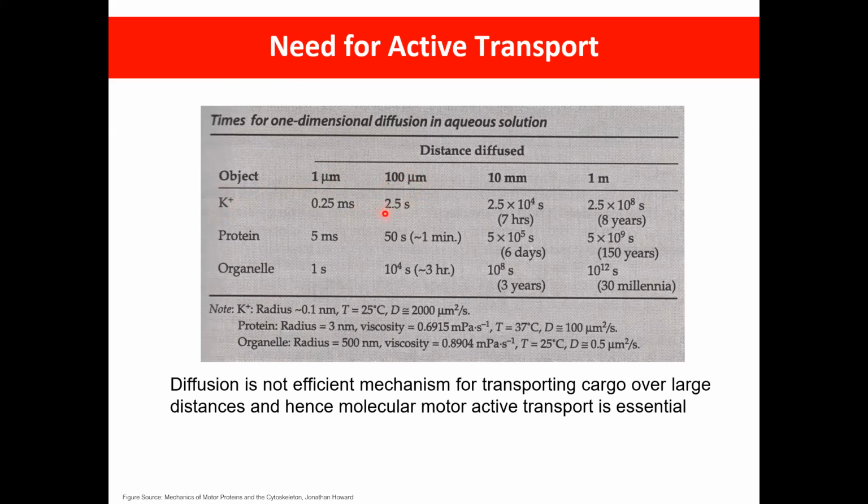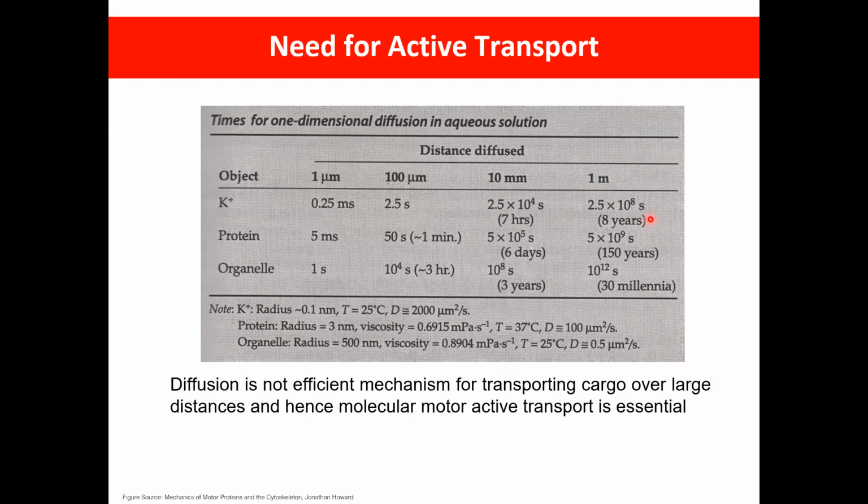For 100 microns, it will take a time of 2.5 seconds. If it has to diffuse over a distance of 10 millimeters, then it will take 7 hours. And if an ion has to diffuse over a distance of 1 meter, then it will take 8 years. Now, I know that some of my cells are about a meter long.